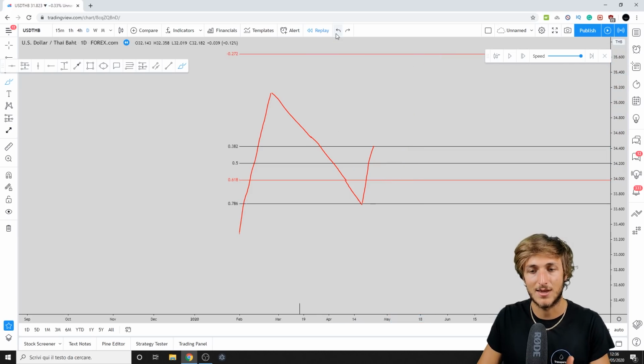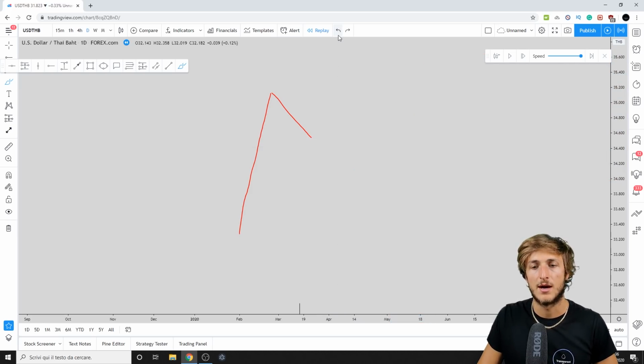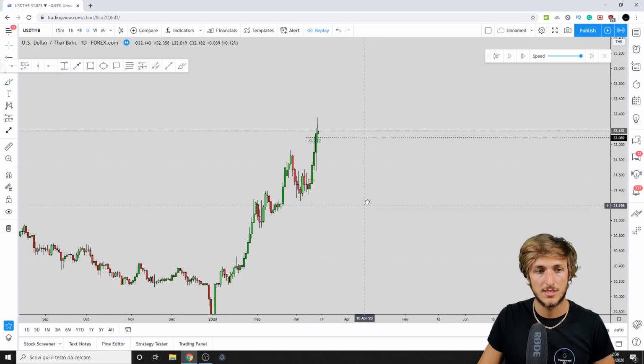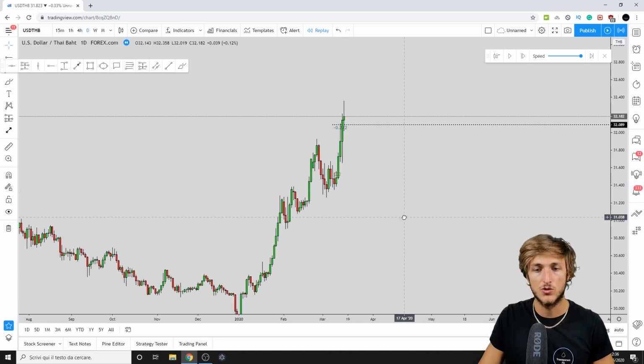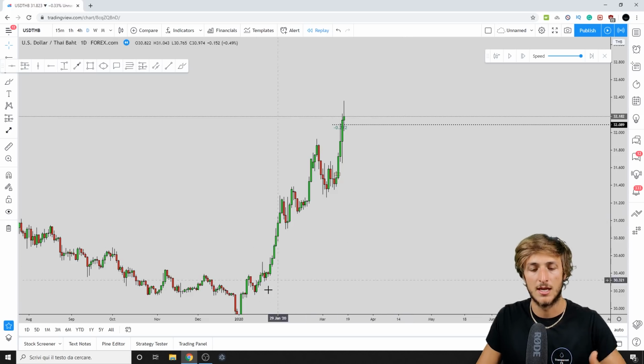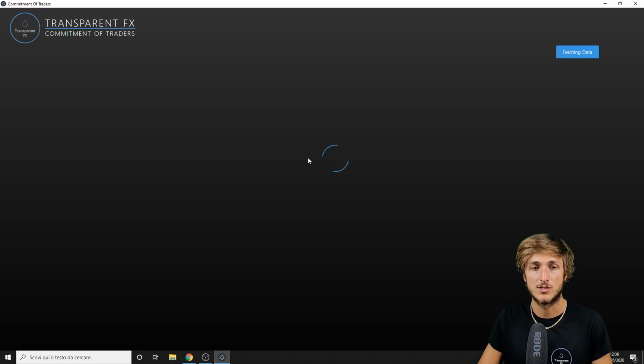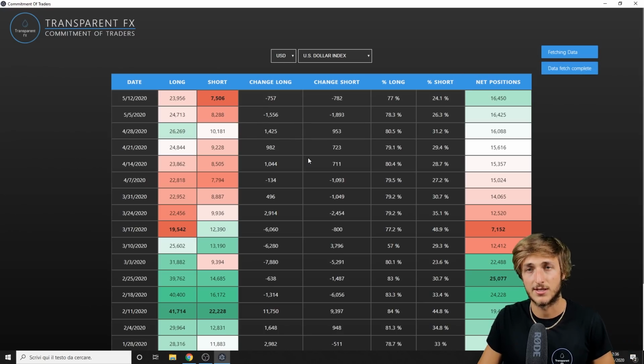Now let's see a live example of this. We took a trade on USD Thai baht with students using exactly this concept. Obviously, with students, we also use COT data, basically the Commitment of Traders, what hedge funds are doing in the market.